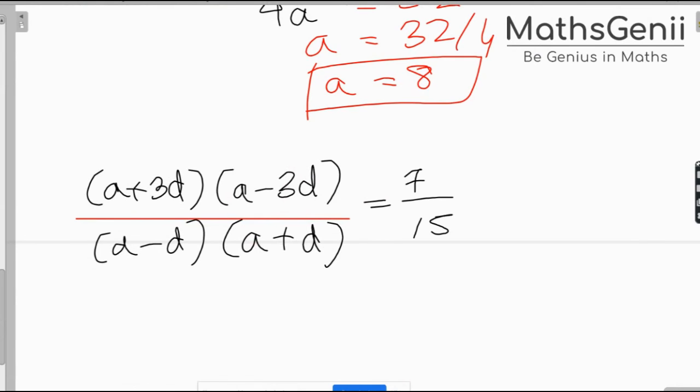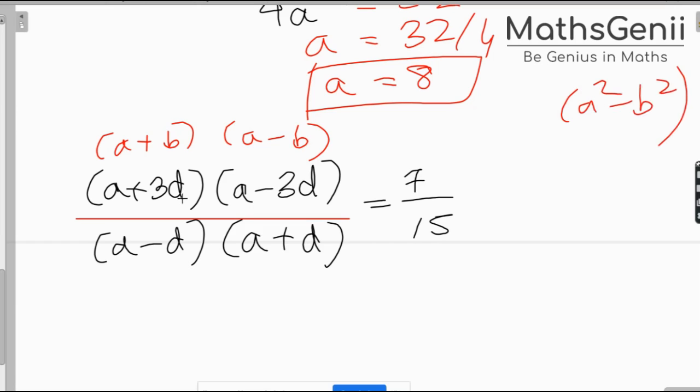Okay, not to worry. I know one thing. Again, the reverse formula I had taught you, which we used in the trigonometry question: a plus b, a minus b. Is it looking like a plus b, a minus b? What is the formula? a square minus b square. So in the numerator, what is your a? A is a only. What is your b?